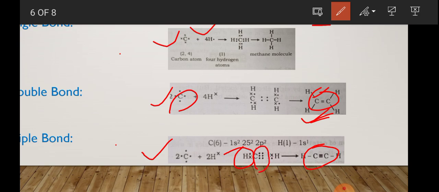Here 3 pairs of electrons, 3 come from one carbon and the other 3 come from another carbon, form the triple bond, and this is represented by 3 single small horizontal lines.